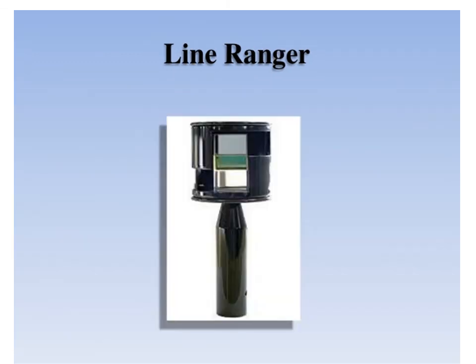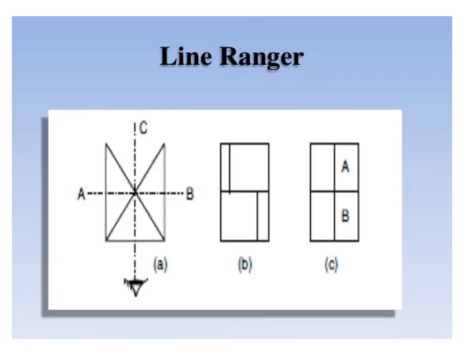This slide refers to figure of metric chain. It consists of handle, shorter link, longer link, tallies. This slide refers to dimension of pegs, that is 20 by 25, having a length of 150 mm.